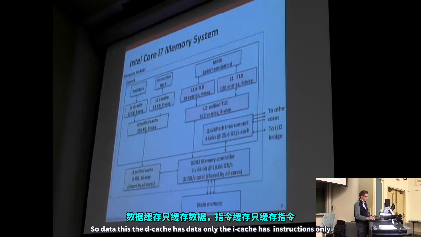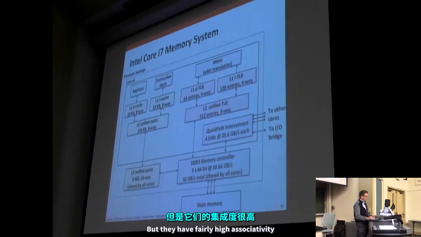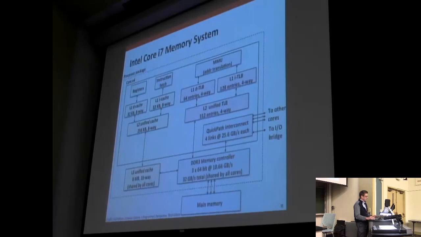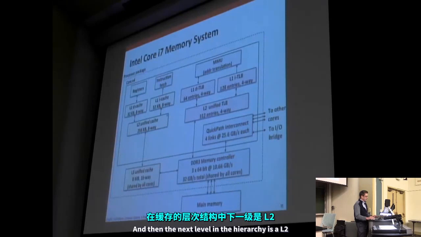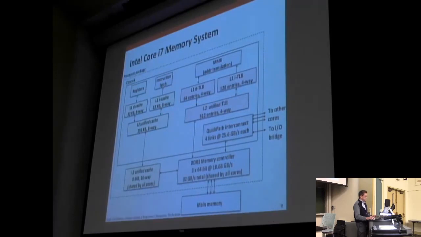So the D cache has data only, the I cache has instructions only. They're each 32K bytes, 8-way set associative. So they're very small, but they have fairly high associativity. And then the next level in the hierarchy is an L2 so-called unified cache, because it can hold both instructions and data.